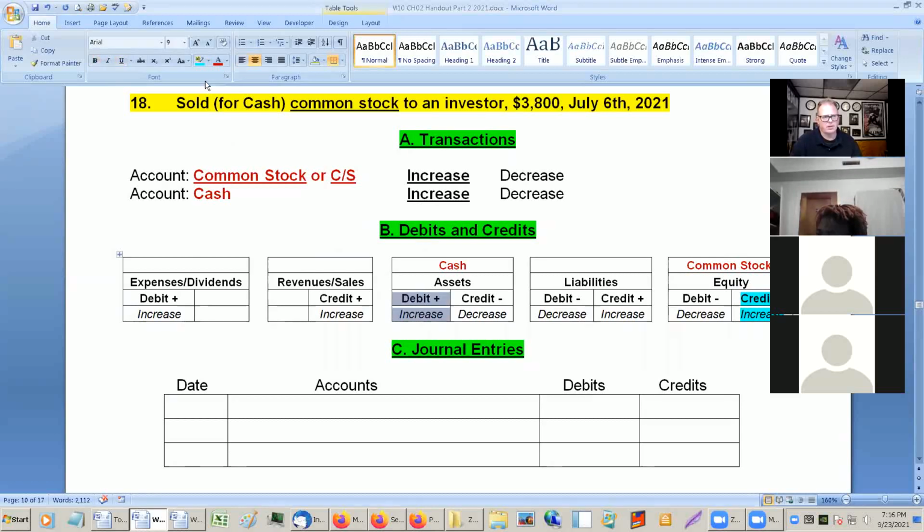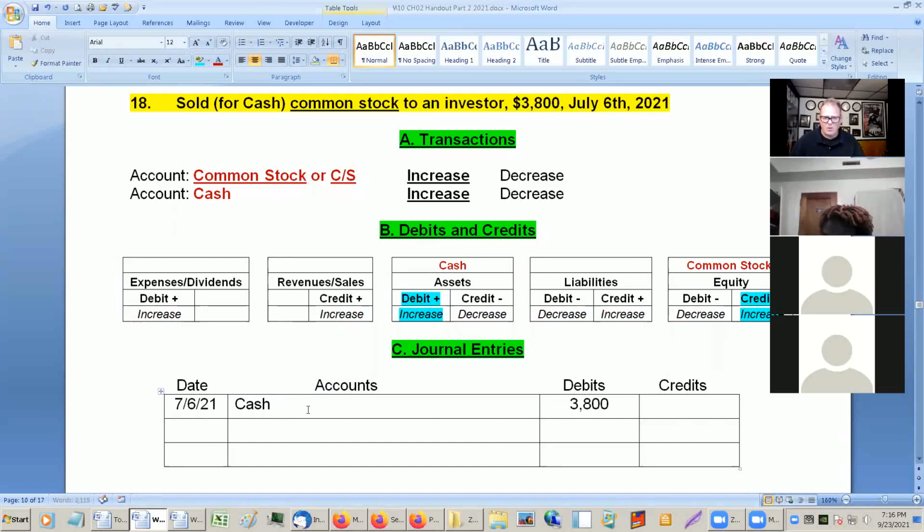Good. And again, if you know one, you know what the other one is going to be. Now, there's a reason why it's like that, but as far as the journal entry is concerned, if you know one, you know the other one. So cash is going up. Common stock is going up.